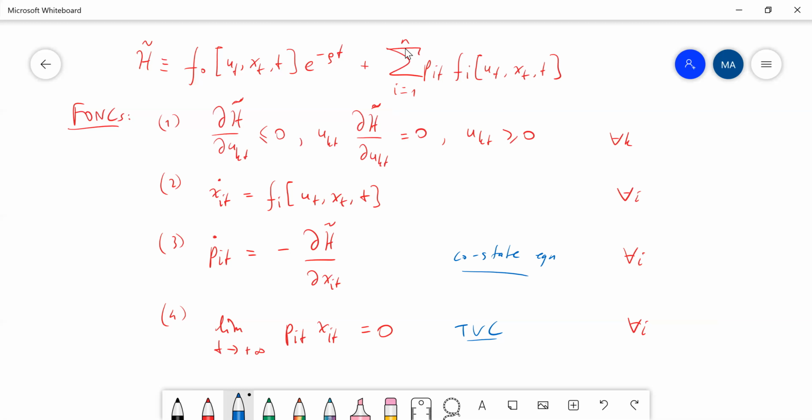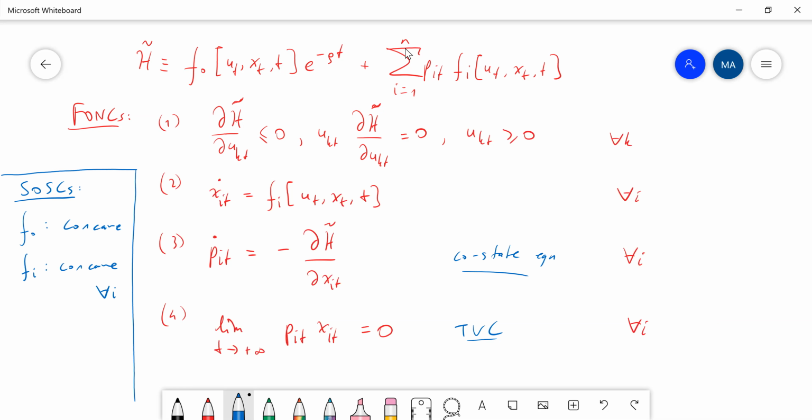Okay. Now the second order conditions are very simple. Second order sufficiency conditions. First, we require F0 is concave. Then we require the F_i's are concave.